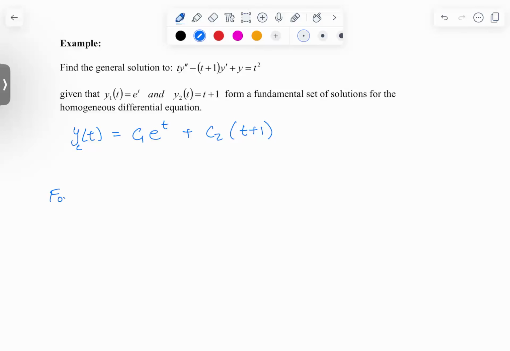And then in order to do variation of parameters, I have to make sure I'm in the correct form. Form is everything. Second derivative needs to have a coefficient of 1, so let's divide by t.